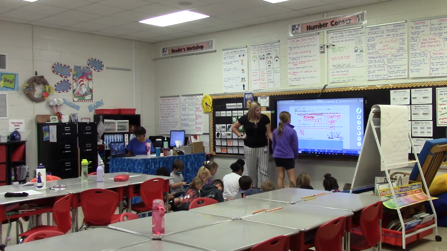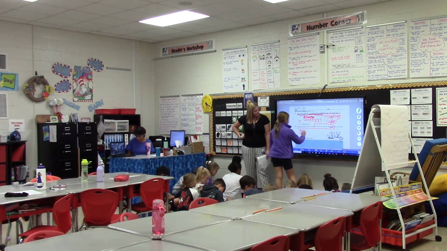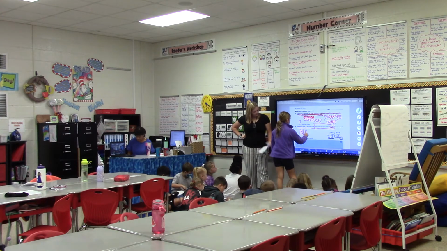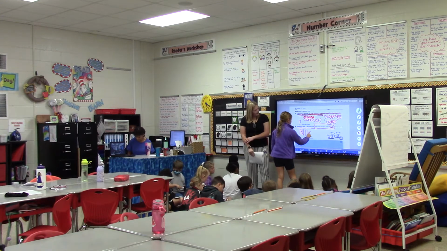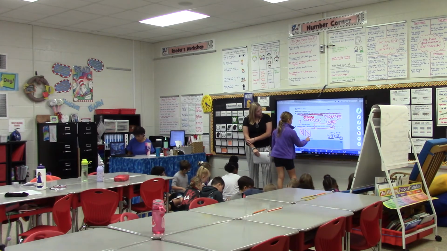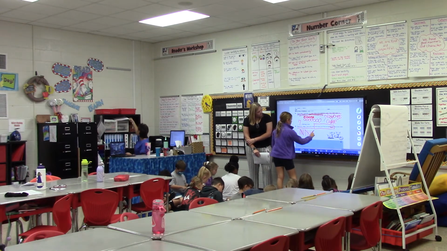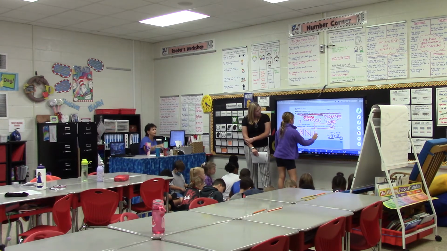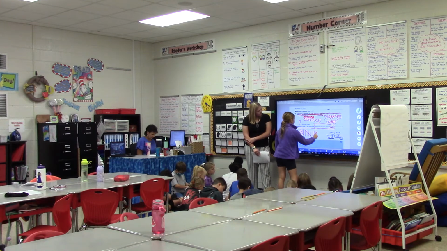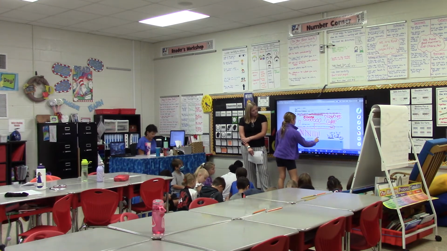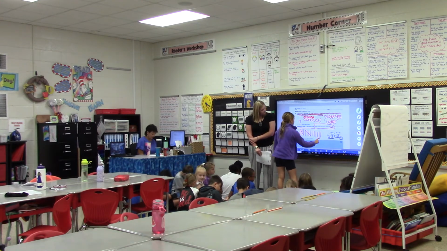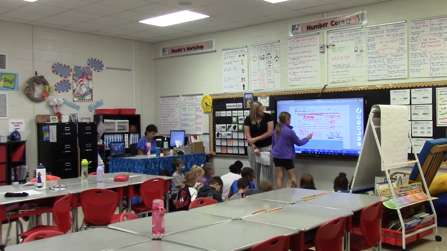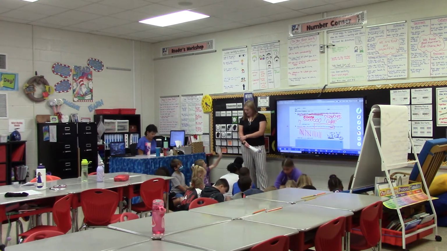So you put 5 to represent the 5 cats, okay? And then I put another 5 because 5 is 2. Okay. And I put 1. Five. 16, okay, good job. So did anybody do it a different way?